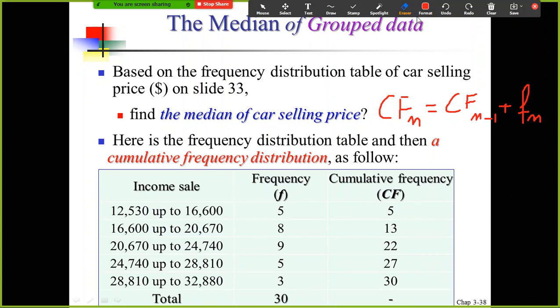So I go to 5. How about the next one? 13. 13 comes from cumulative frequency of class n minus 1. Now it is class 2, so n minus 1 is class 1. Cumulative of class 1 is 5, plus frequency of class 2, which is 8. That gives 13.